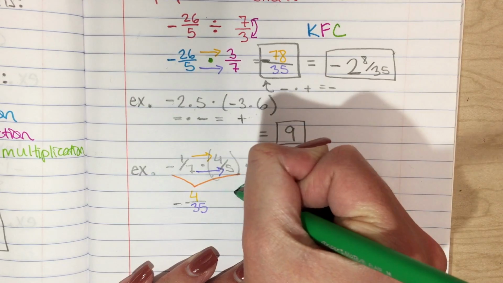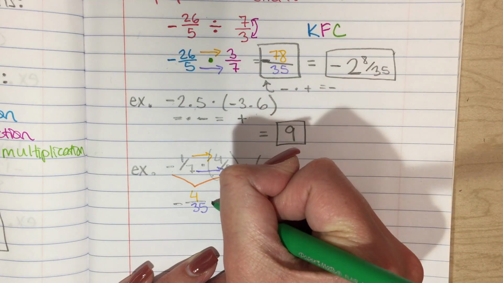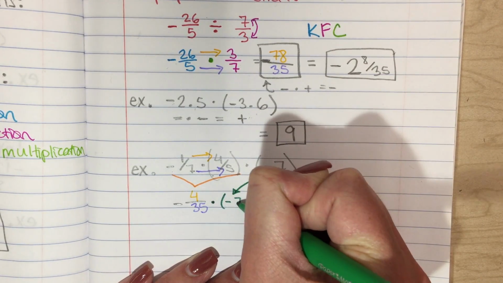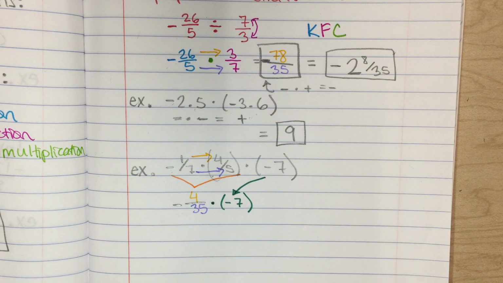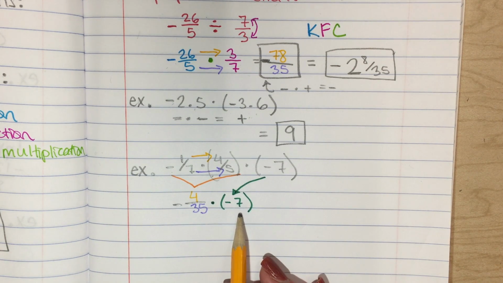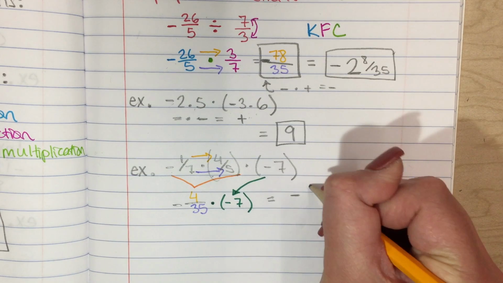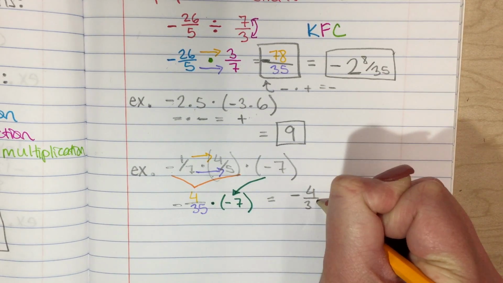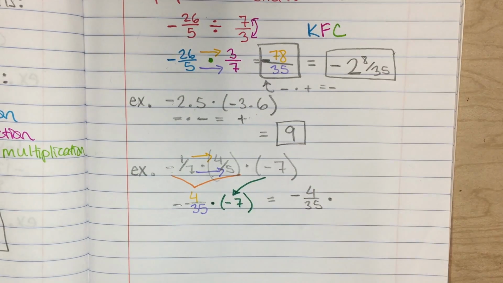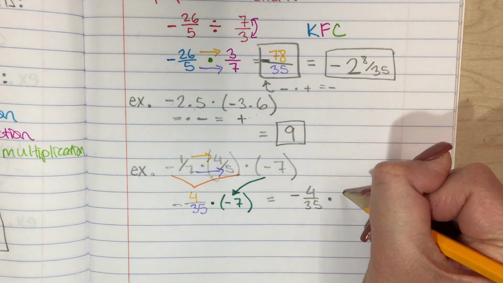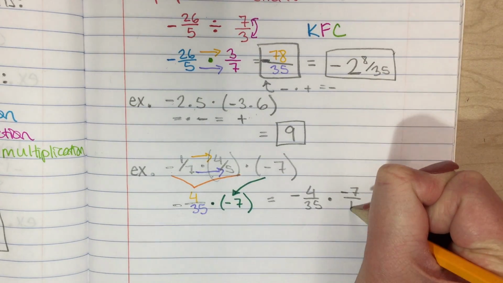All right, so now let's just bring down the rest of my problem. Let's bring down this times negative 7. So this becomes times negative 7. What do I need to do if I have a fraction times a whole number? I need to make this whole number into a fraction. So what is negative 7 as a fraction? Negative 7 as a fraction is negative 7/1.